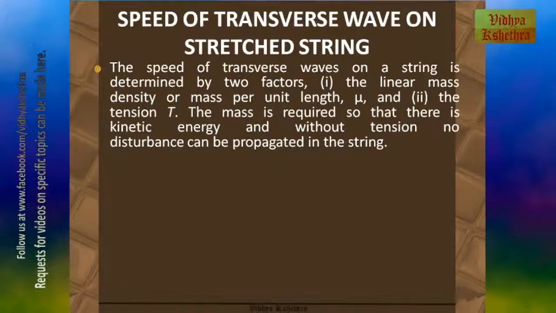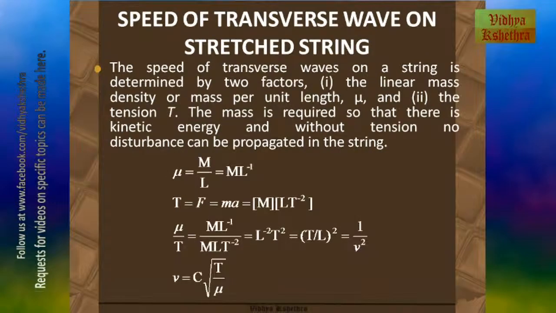Now we shall derive an equation for the velocity using dimensional analysis. For that, we can first consider the dimensions for mass per unit length mu, which is M L raised to minus 1. Now the dimension for tension or force is equal to M L T raised to minus 2.